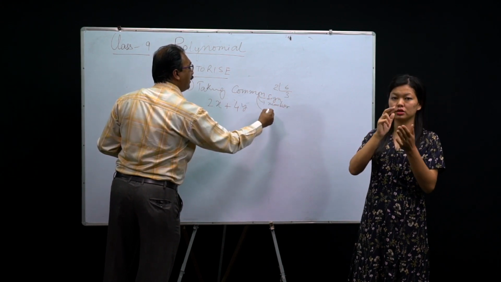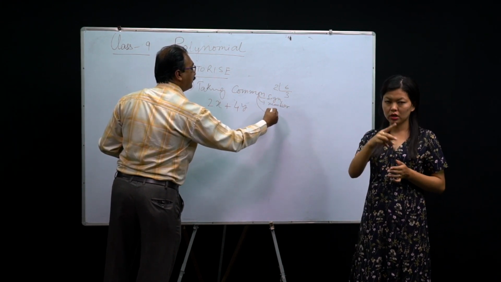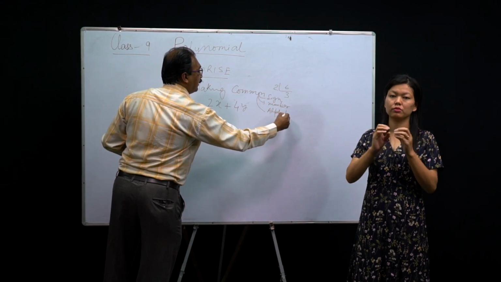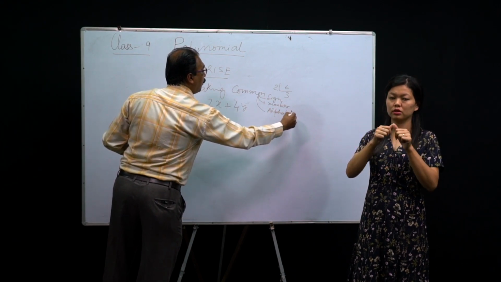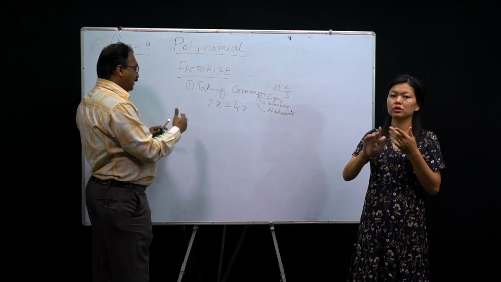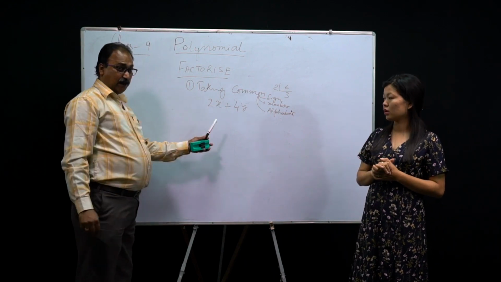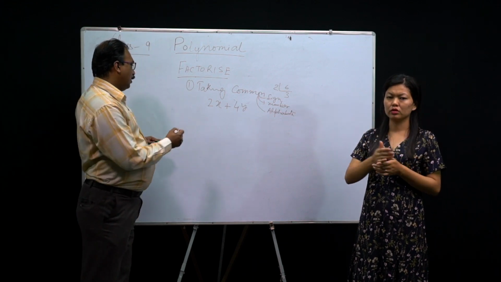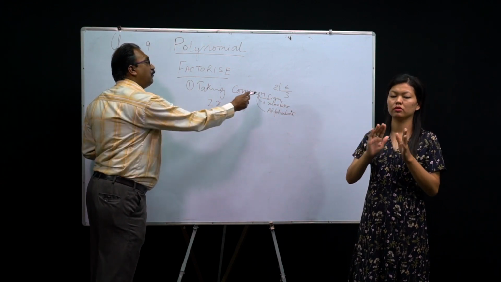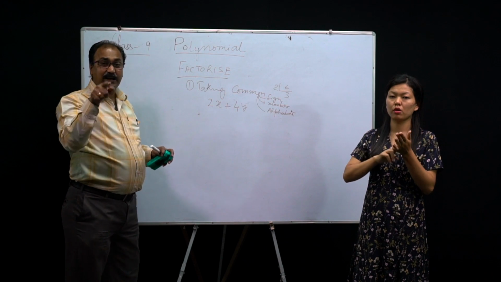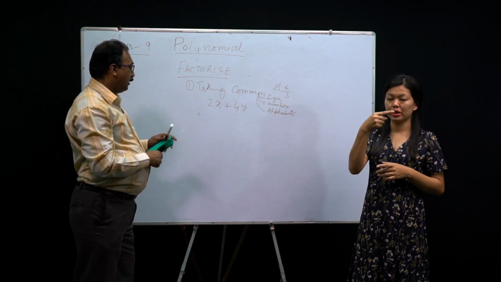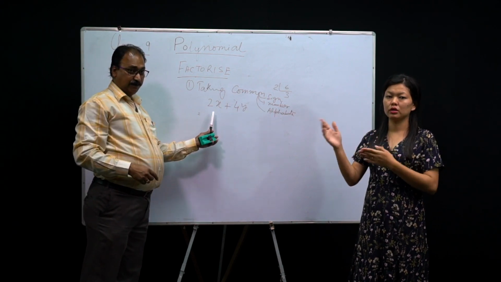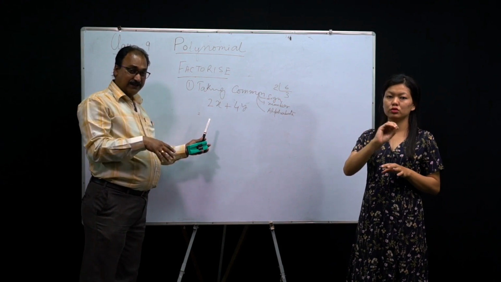Then the sign, whether it is common or not. Then the alphabet. That is the criteria for taking common. When the sign is plus, there is no need to take it common, as plus is assumed. Only a common minus sign has to be taken common. Here it is plus, so no need to take the sign common. It is inbuilt, we can say.